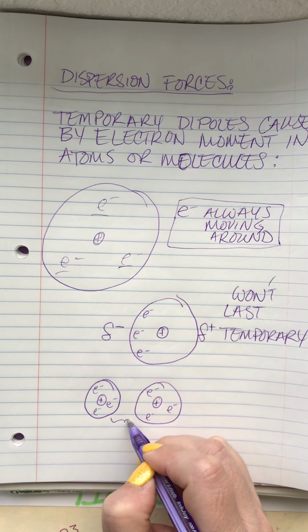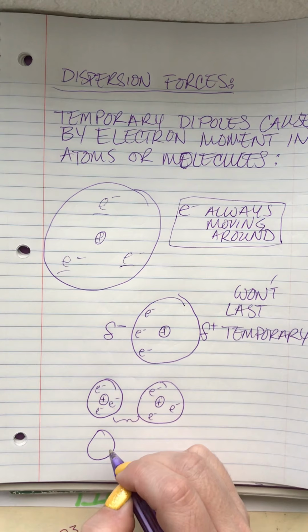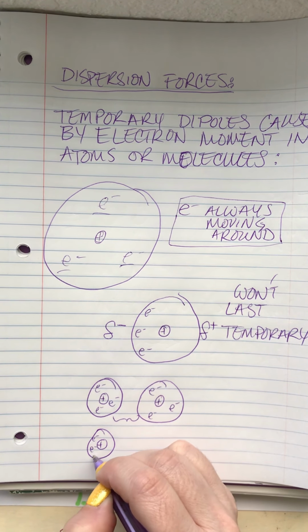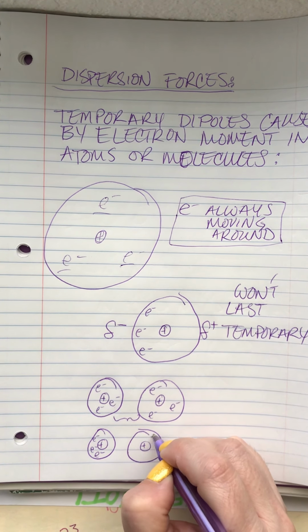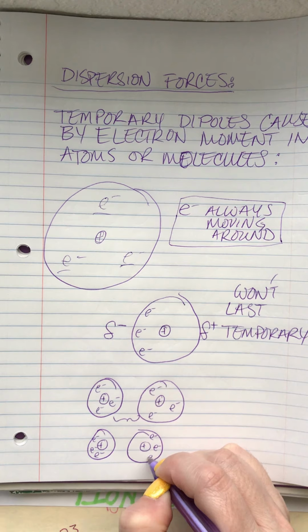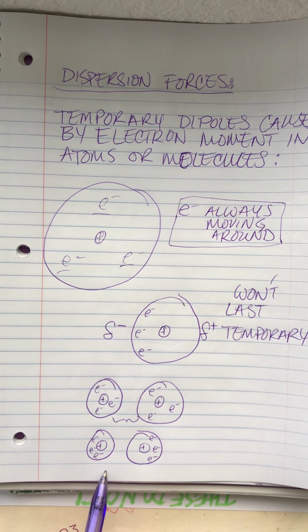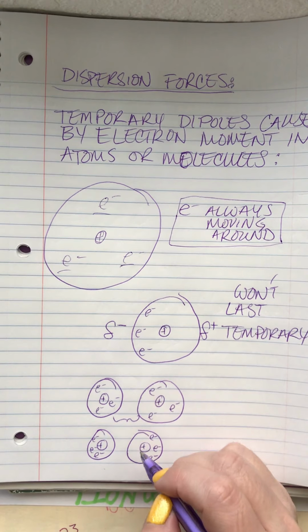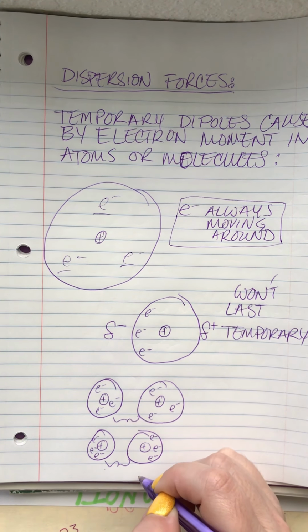So as we bring these guys closer and closer together, and I'm sorry, my molecules are getting smaller and smaller, we force the electrons in nearby atoms to repel away from each other, right? And when we do this, we actually set up a temporary dipole.